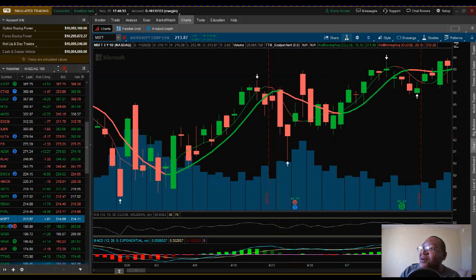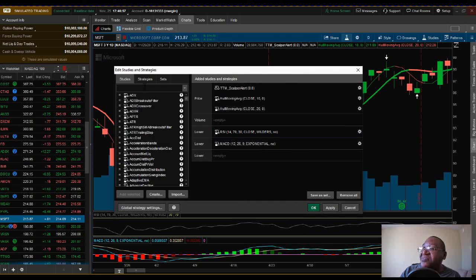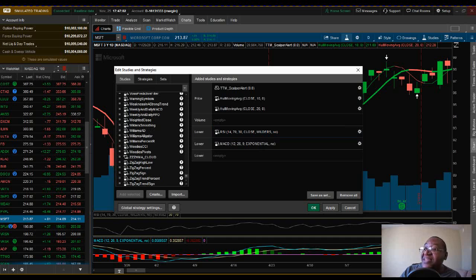So we're going to go back to our edit studies. And this time we're going to pull something that you're not going to find anywhere else. I labeled it here. This is actually a script that was given to me by a man who's been trading for over 25 years. He said that he got this script about 15 years ago.